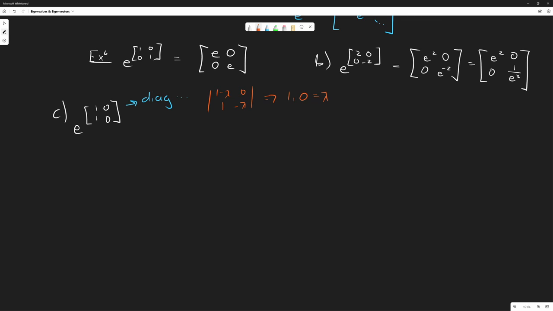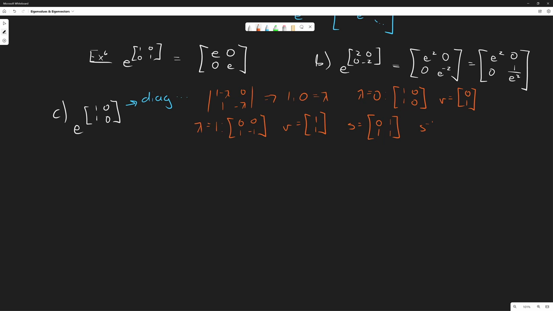When lambda is equal to 0, we will get 1, 1, 0, 0, so our eigenvector will just be negative 1, 1. And when lambda is equal to 1, we will get 0, 1, 0, negative 1, and so our eigenvector will be 1, 0.